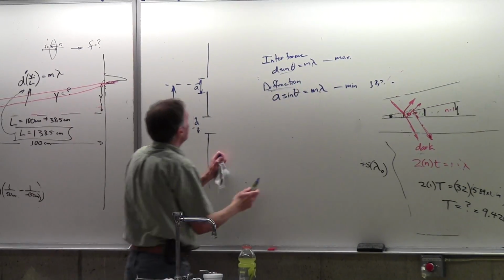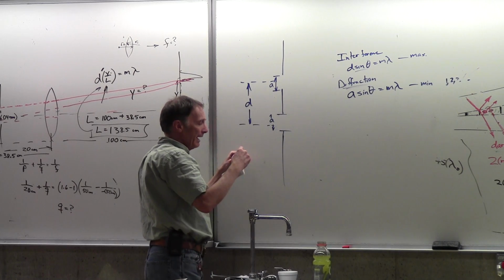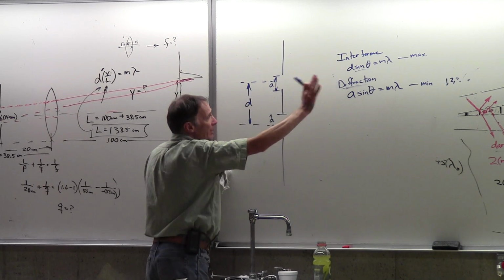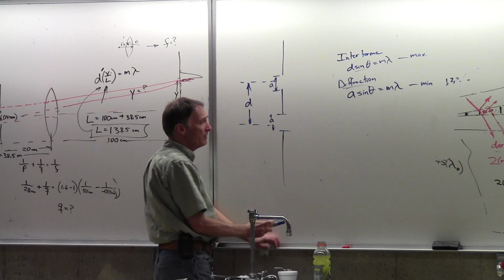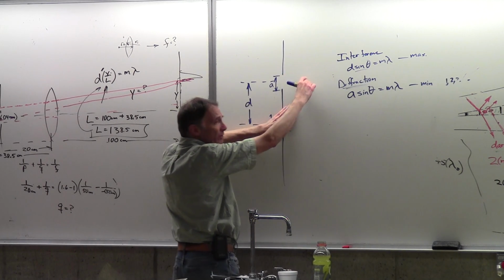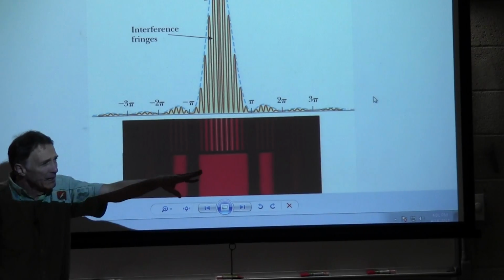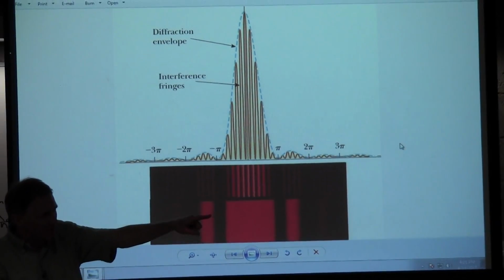Okay, now both of these things are going on. If I've got a double slit with slits here, suppose I covered up one of these. I would just have a single slit, and it would give me a pattern that would look like that. You've seen them as Dr. Young projects them on the screen over there.